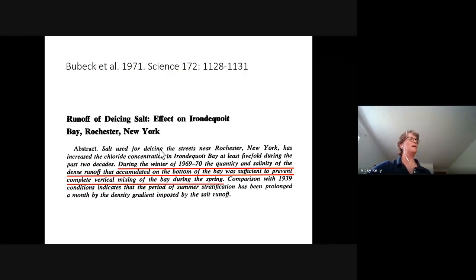So this is from a study that was done on Irondequoit Bay, where they found that in the winter of 1969 to 70, the quantity and salinity of the dense runoff that accumulated on the bottom of the bay was sufficient to prevent complete vertical mixing of the bay during the spring. So not only did they find salt in the water, but they found enough to affect the function of that body of water.